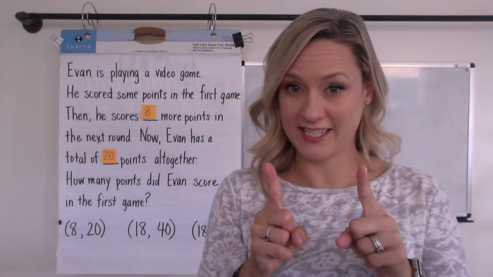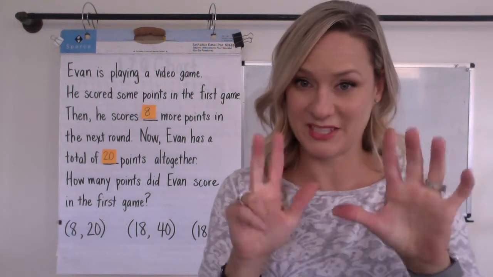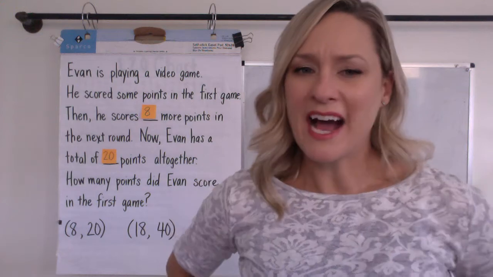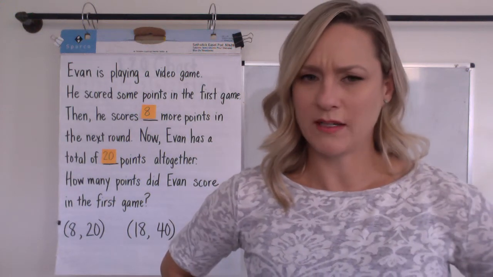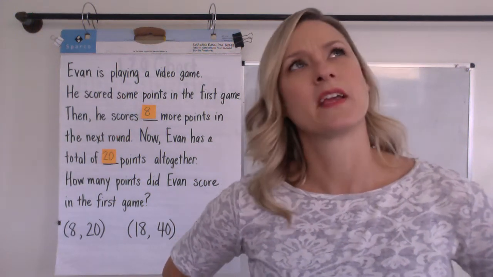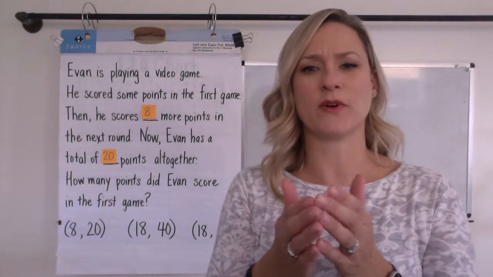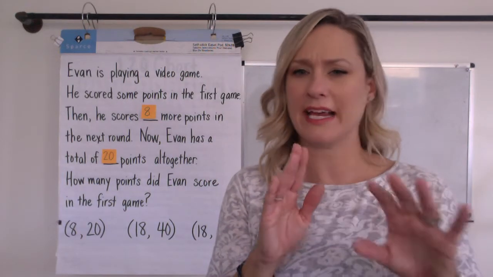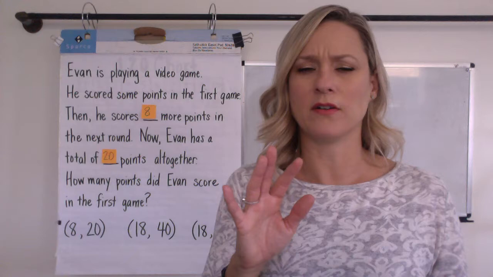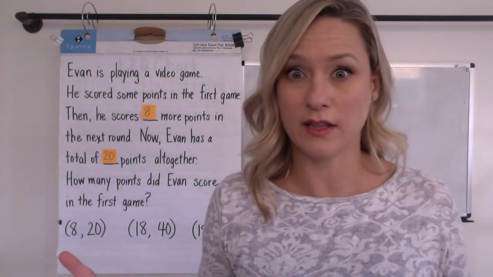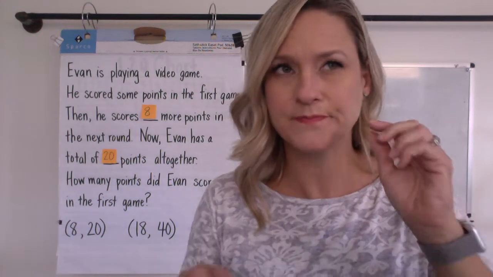The answer to that is, he scores 8. Okay, now Evan has a total of 20 points. So he has a total of 20 points, and part of that is 8 points.